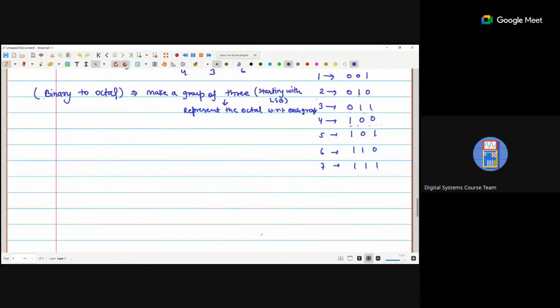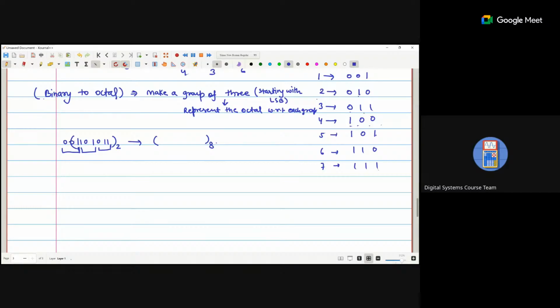So if any binary number is 1, 1, 0, 1, 0, 1, 1, I have to represent it in octal. So what should I do? I just make groups from the LSB. The last group is this one, and the leftover 1 is alone, so I can add 2 zeros.